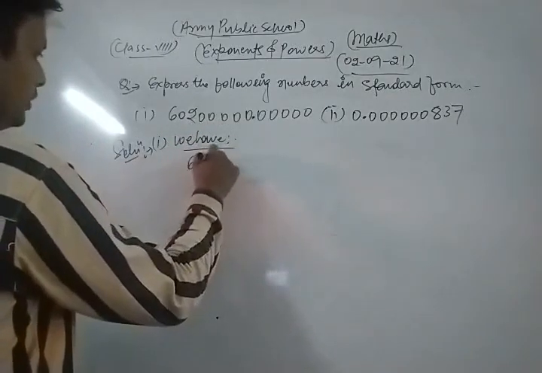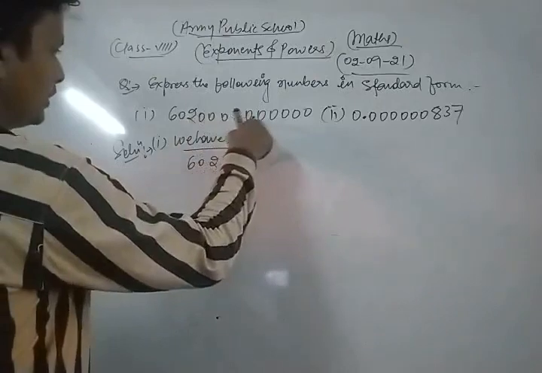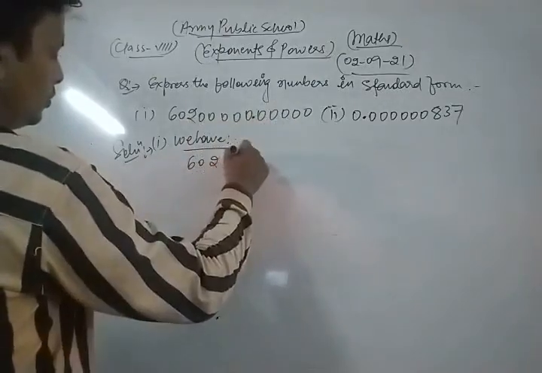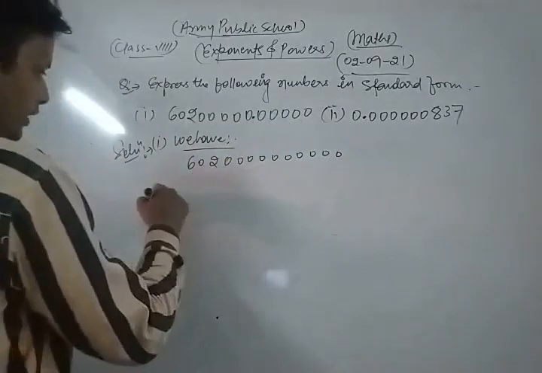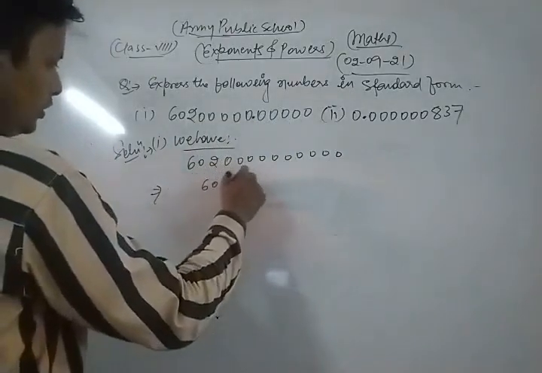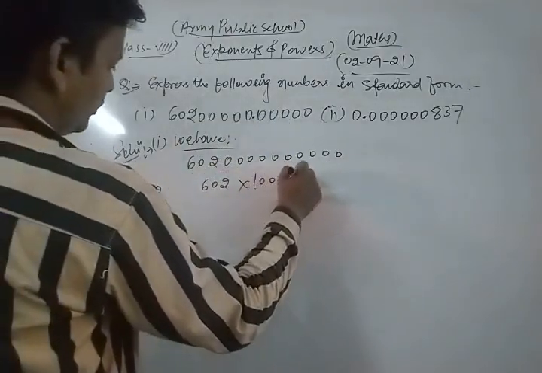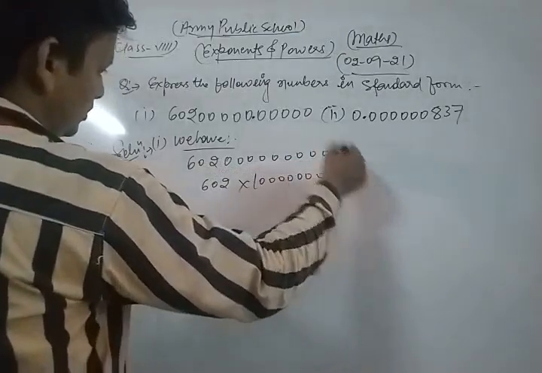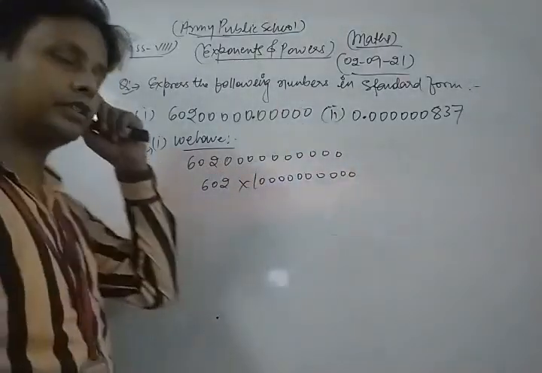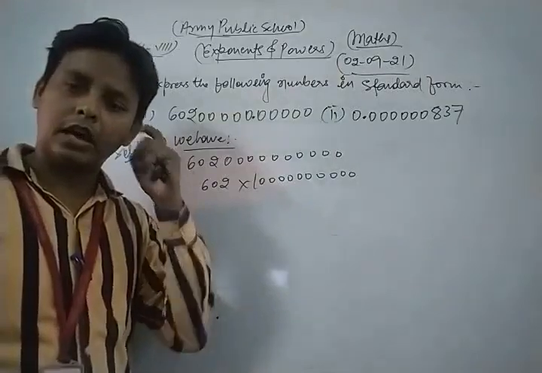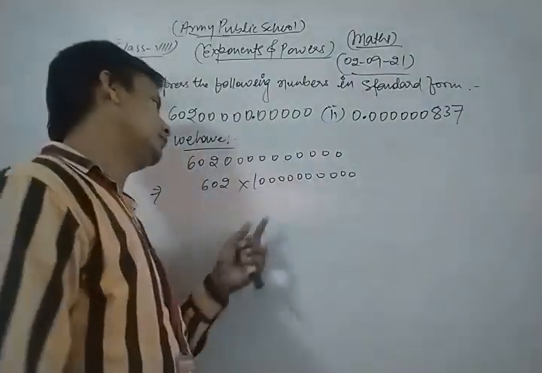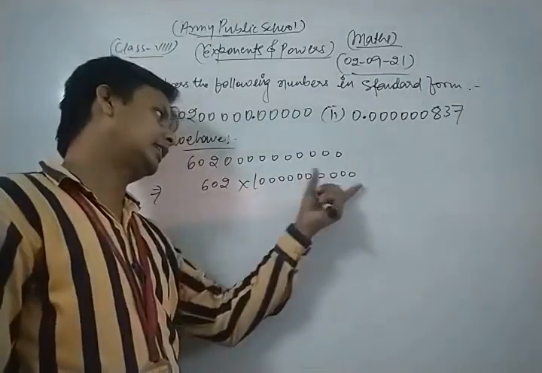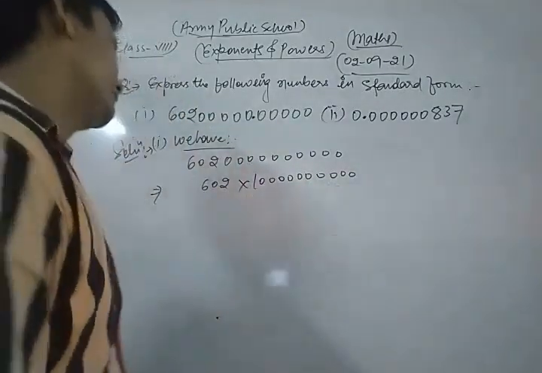First of all we separate all the zeros in this way, and after that we write the value in exponential form.